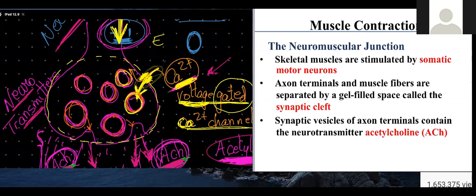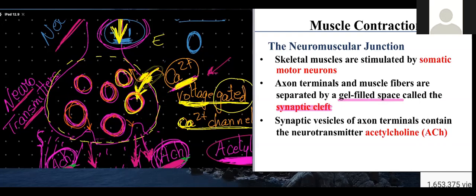The junction between the muscle cell and the nerve cell is what we call the synaptic cleft. The synaptic cleft is a gel-filled space located between the terminal end of the nerve cell and the muscle cell.